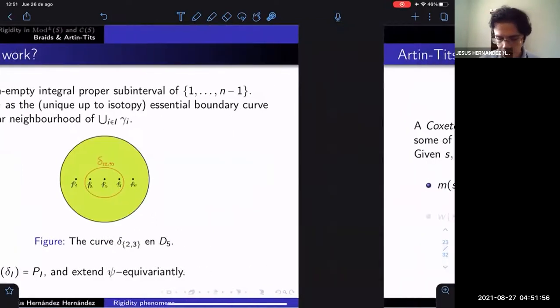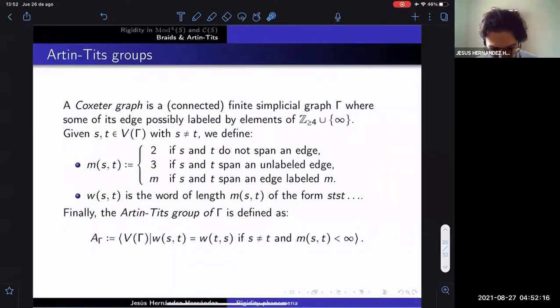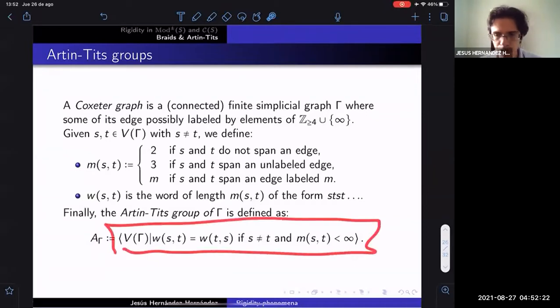Now, how do I generalize this? Well, you can have a Coxeter graph. We already saw this in a previous talk, so I'm just going to say this a bit fast. So you have a Coxeter graph. You can define these guys, and then you can define these words. And as it turns out, the Artin-Tits group related with respect to gamma is going to be the group with this presentation.